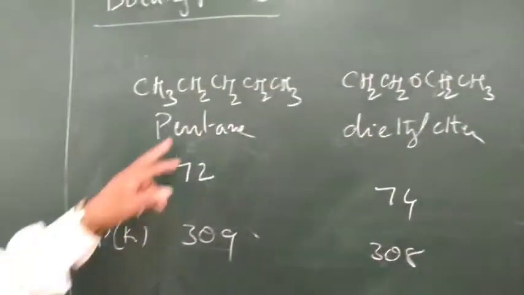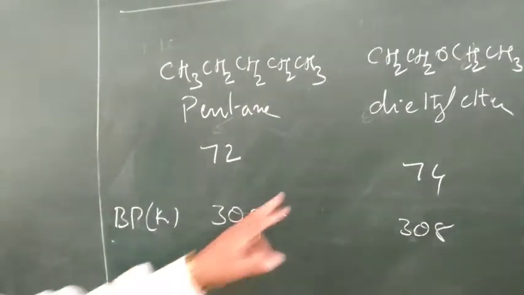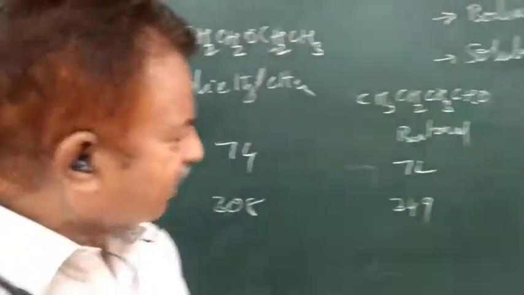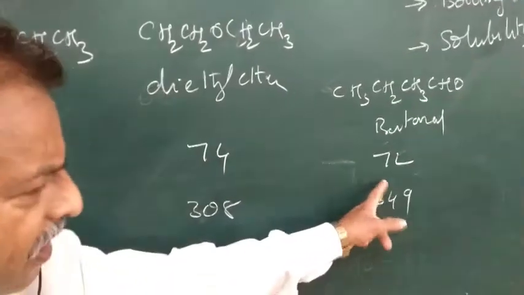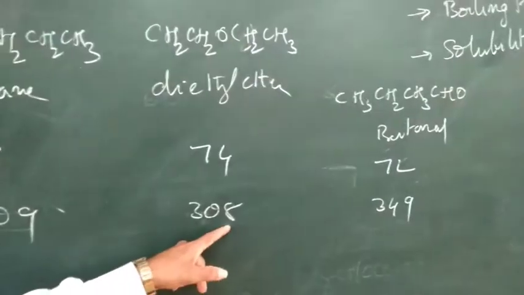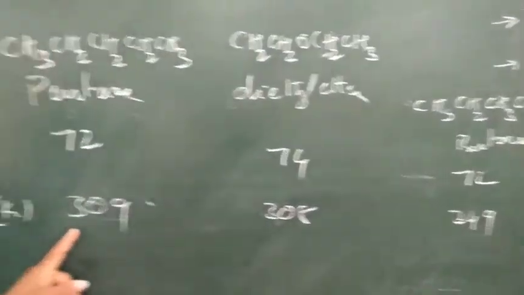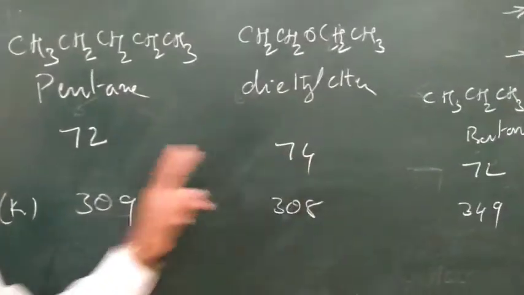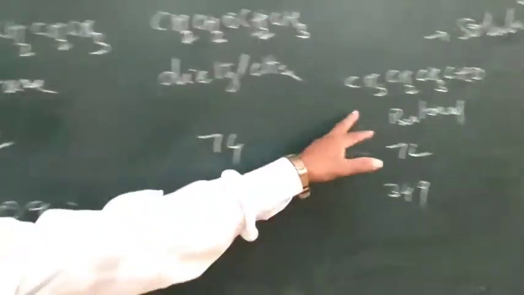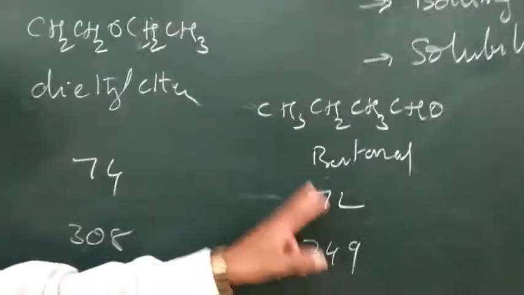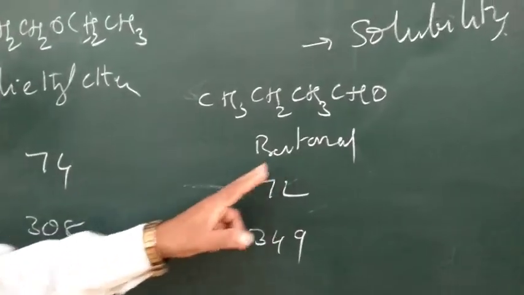See here, this is an alkane hydrocarbon, this is an ether, this is an aldehyde. So aldehydes have higher boiling points than corresponding ethers and alkanes with similar molecular masses. This is because of the presence of dipole-dipole interactions.